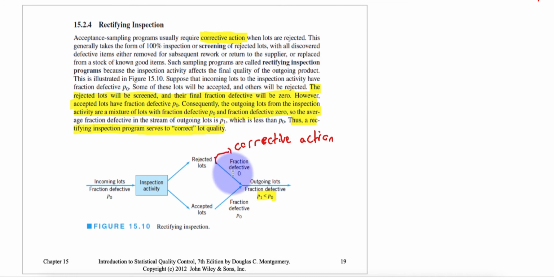Then when we combine these rectified lots and accepted lots into just one combined outflow, the outgoing lots will have a fraction defective P1, but it will be less than P0, because P0 is the initial fraction defective. Here we have eliminated some defective parts in the rectifying program. That's why the fraction defective will be less than the initial one.